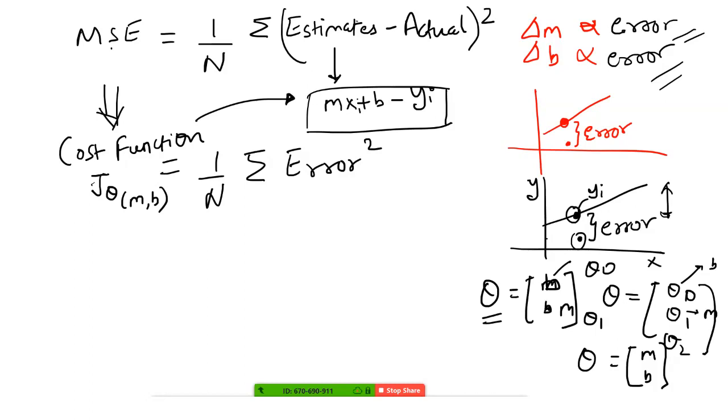And what I'm saying is this J theta, which is eventually a function of m and b, is 1 by n times the error square. So can someone tell me what the graph of J theta will look like? If I want to plot it on a graph and I have error on the x-axis, what will J theta look like?